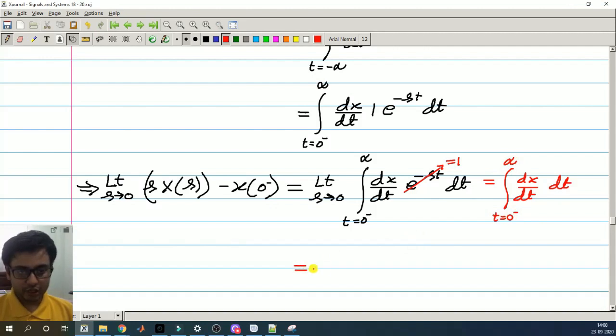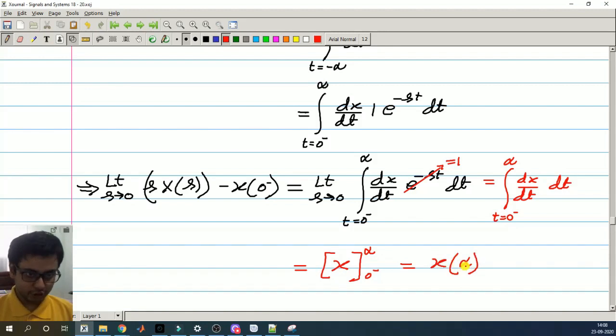So this is equal to the integration of dx dt, which is x, with limits 0 minus and infinity. That is equal to x at infinity, or x tending to infinity to be precise, minus x 0 minus.